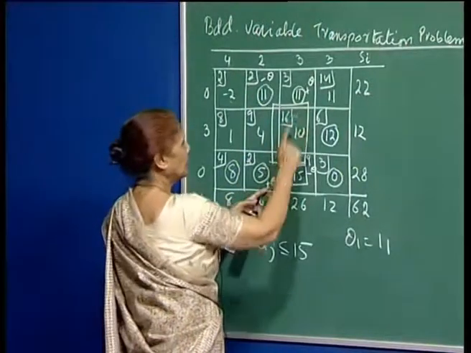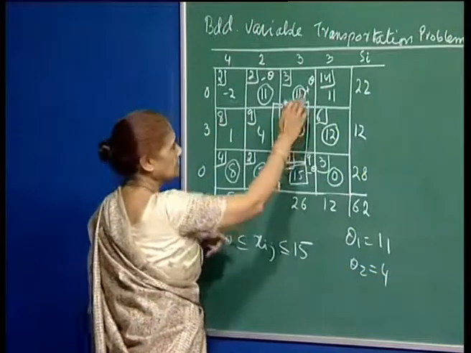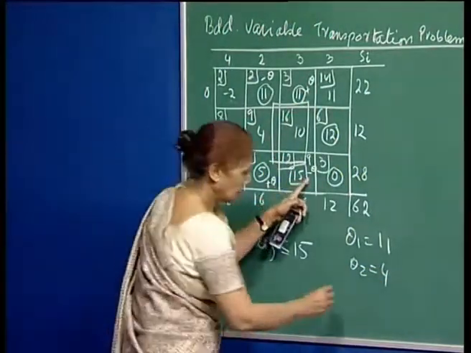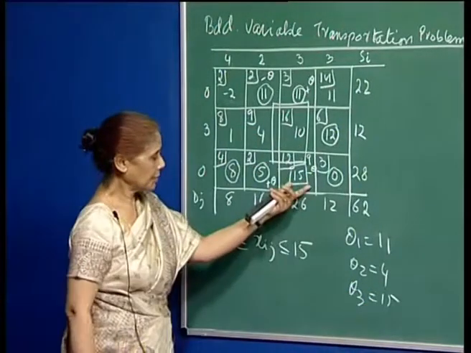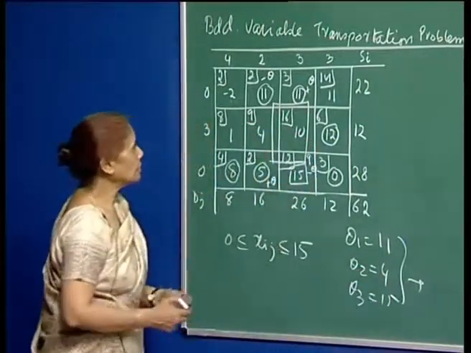Then these 2 values here, theta 2 is 4, because otherwise this variable will exceed its upper bound. And here your theta 3 is 15, because this should not become negative. So I'll choose this one, right, theta 2 equal to 4.